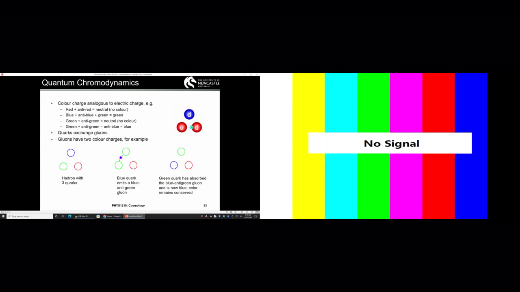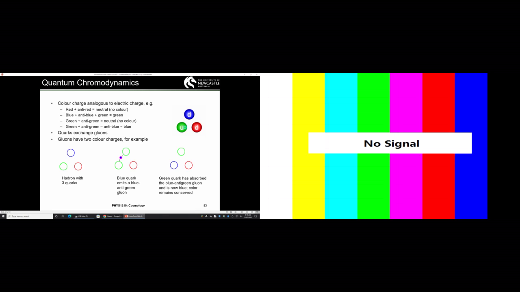Right, so here's roughly the picture of how this works. The only other thing that we're going to try and understand about quantum chromodynamics is that any particle, any hadron, has to have a total color of white, or no color.